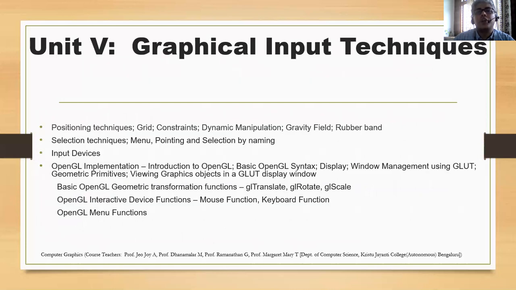The 5th unit deals with graphical input techniques, basically the positioning techniques, selection techniques, and throws light on the various input devices and goes for the OpenGL implementation. So basic introduction to OpenGL and the OpenGL syntax and the basic OpenGL transformation functions, interactive device functions, and OpenGL menu functions are covered in this unit.